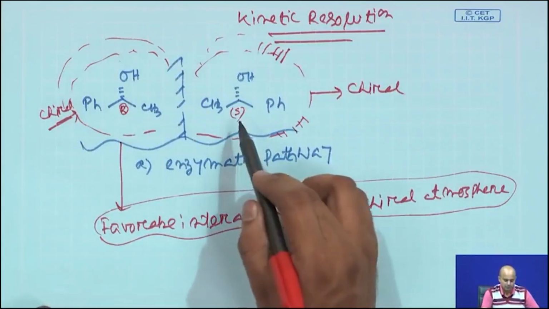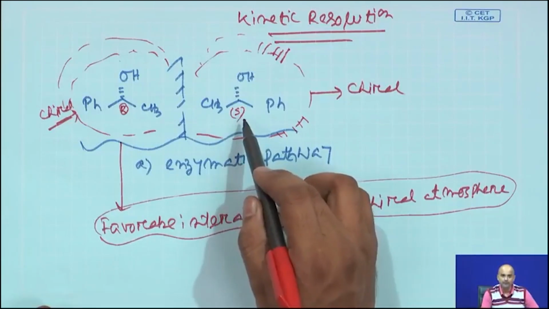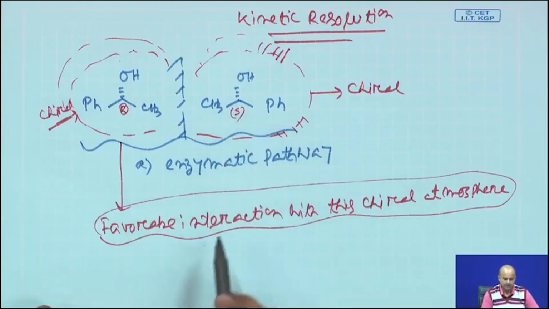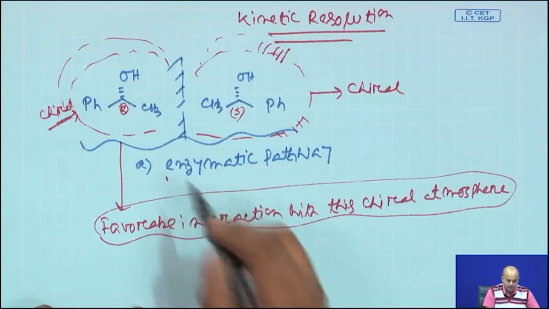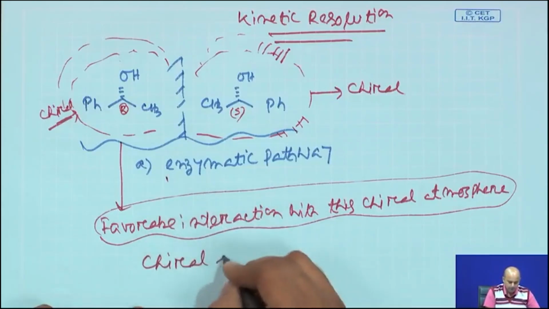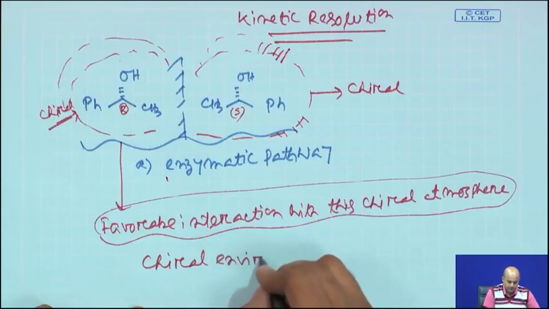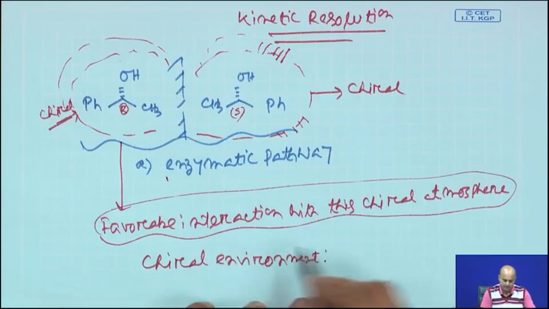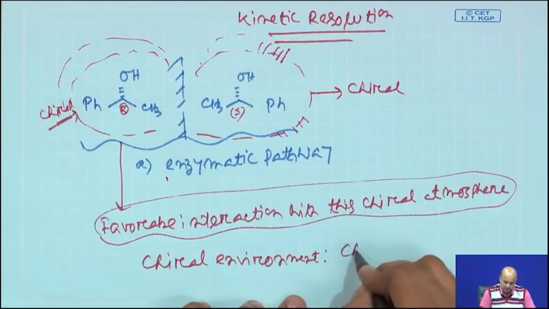The slow reacting enantiomer will not have a favorable interaction with this chiral environment. Now, this chiral environment, which is essential for this, is mainly created by a chiral catalyst or chiral reagent.